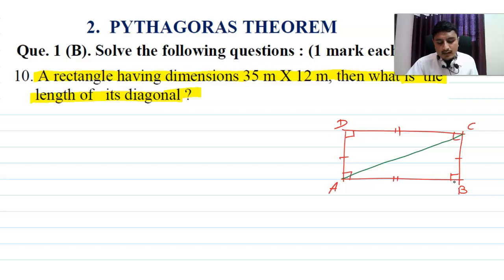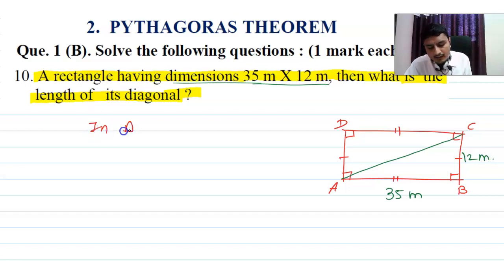So let's construct one diagonal. Here we have AC. The given dimensions of the rectangle are 35 meter by 12 meter. That means the length of the rectangle, AB, is 35 meter, and the breadth of the rectangle, BC, equals 12 meter. Now look at triangle ABC. Angle B equals 90 degrees.